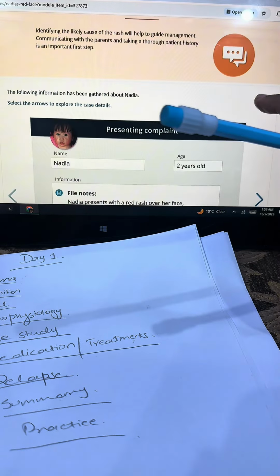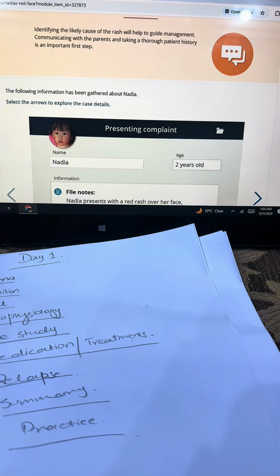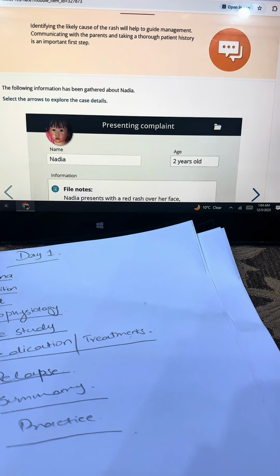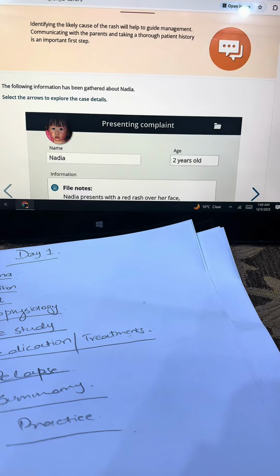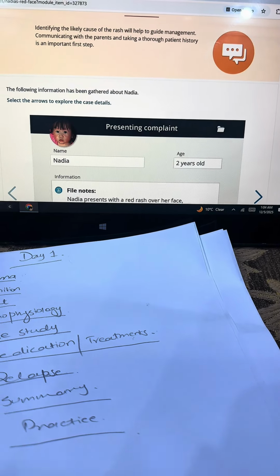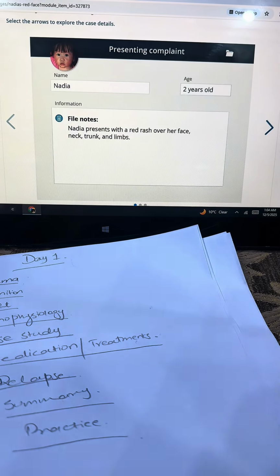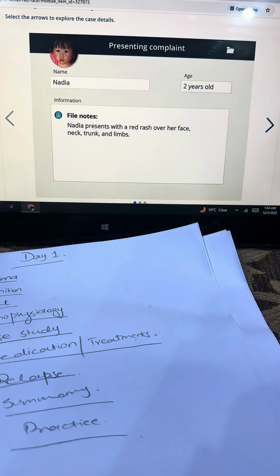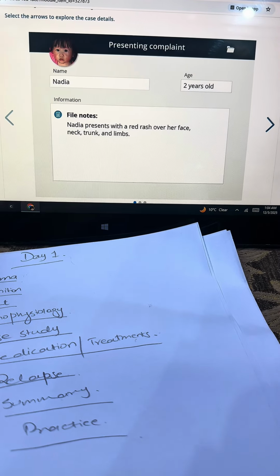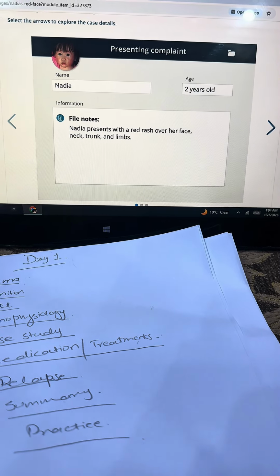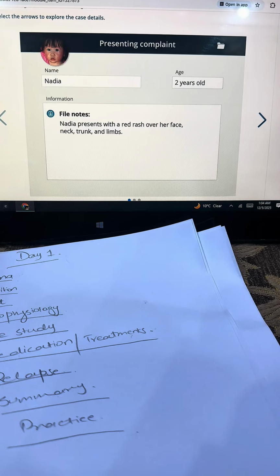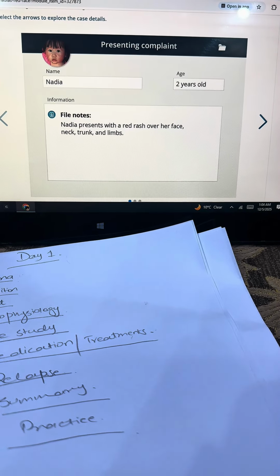Communication skills: identifying the likely cause of the rash will help to guide management, communication with the parents, and taking a thorough patient history is an important step. Of course, Nadia is a 2-year-old. In respect of history, our main concern is the history about her skin condition from her parents.